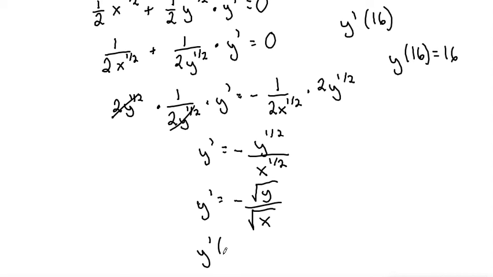So y prime of 16, we will bring down the negative, the square root, and remember also that y of 16 is equal to 16. So if we're plugging in 16 for x, that's also going to give us 16 for y. So we can substitute that in for 16, and the x we're subbing directly in for 16.